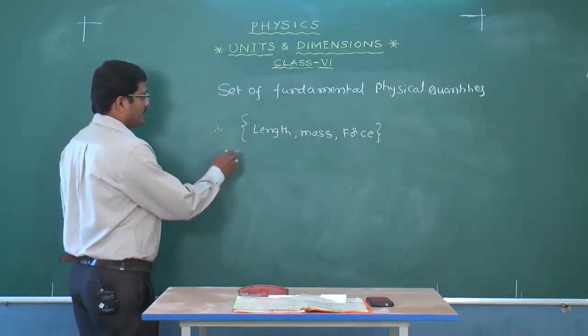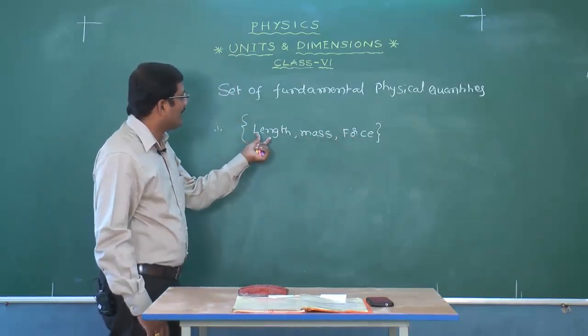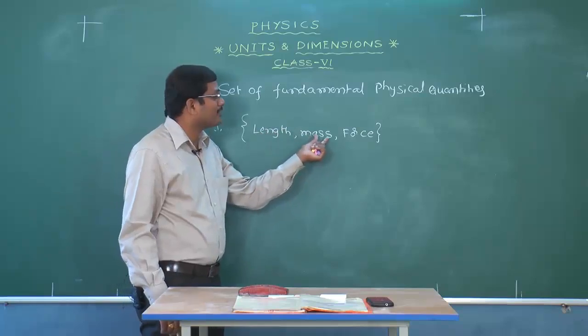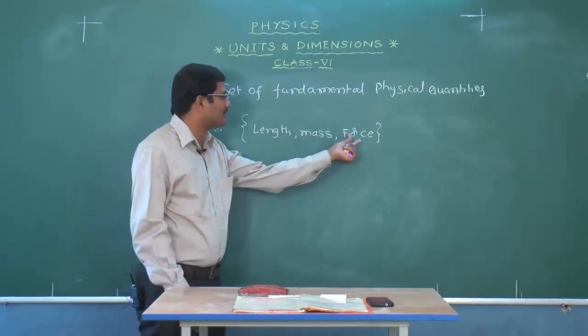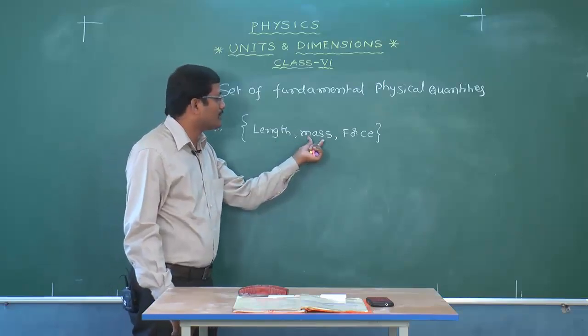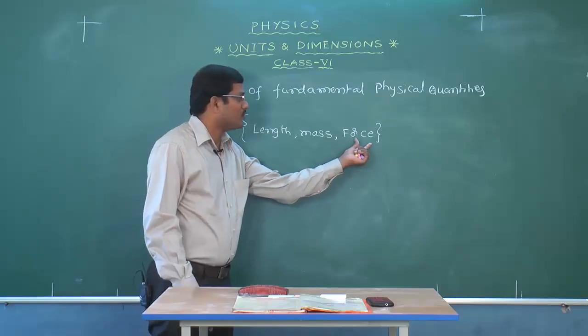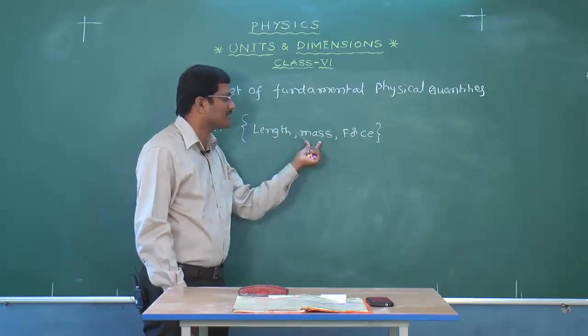Let me look at this. So length, mass and force. So here length cannot be derived from mass and force. If we take force and mass, we cannot derive length directly. So if you take mass, mass cannot be derived from length and force directly, and the force cannot be derived from length and mass directly.